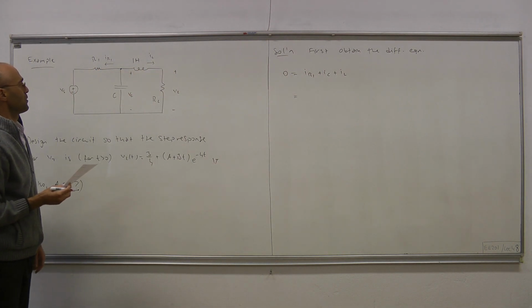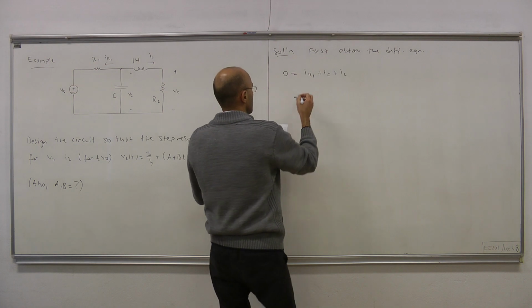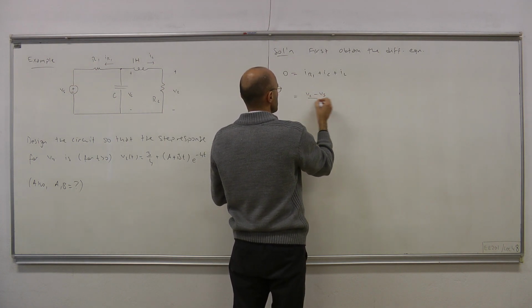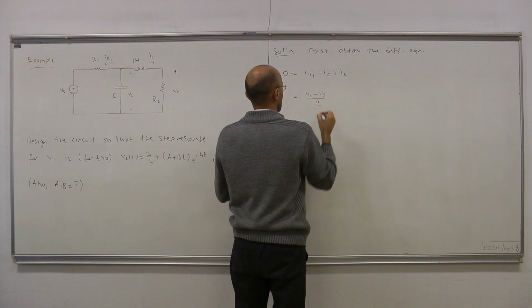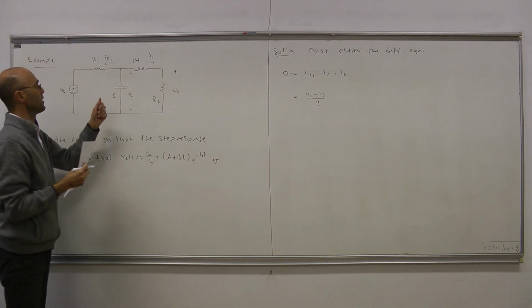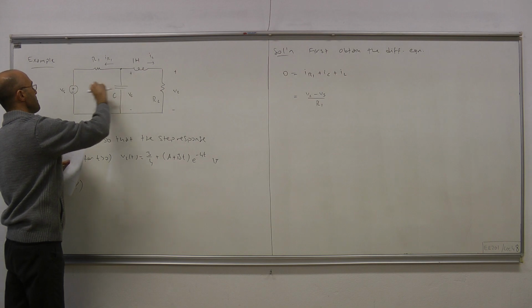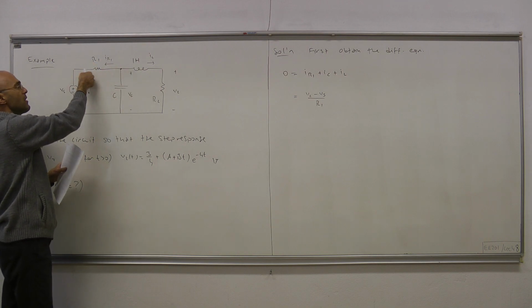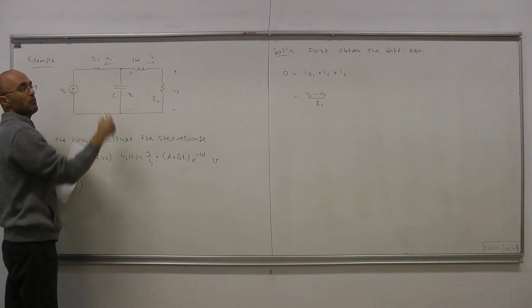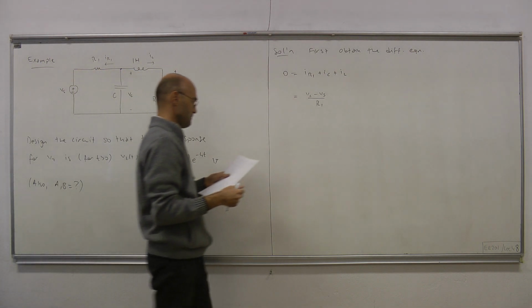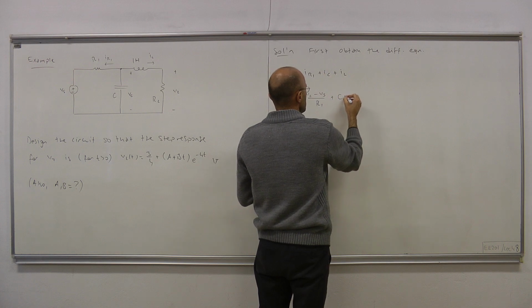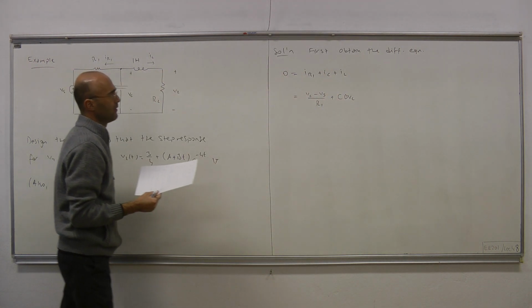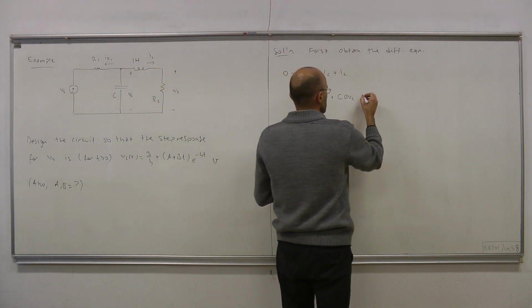So let's write what we can write: (Vc minus Vs) over R1. So instead of IR1, we write Vc minus Vs, okay, so that's minus V1, the voltage of the first resistor, divided by resistance R1, plus C dVc/dt, we use the terminal equation for the capacitor current, plus IL.